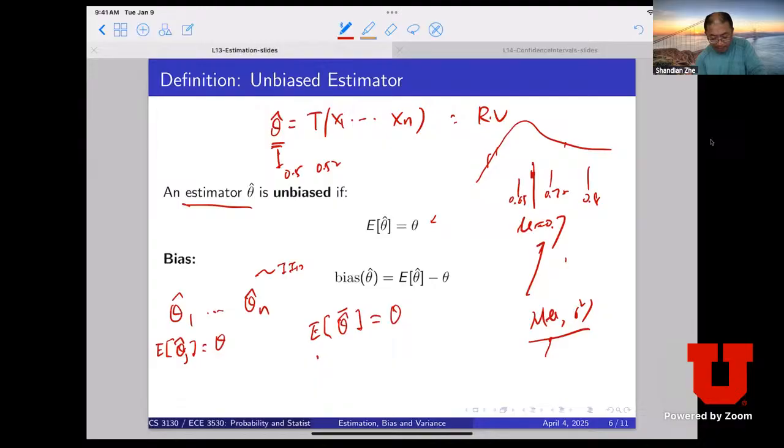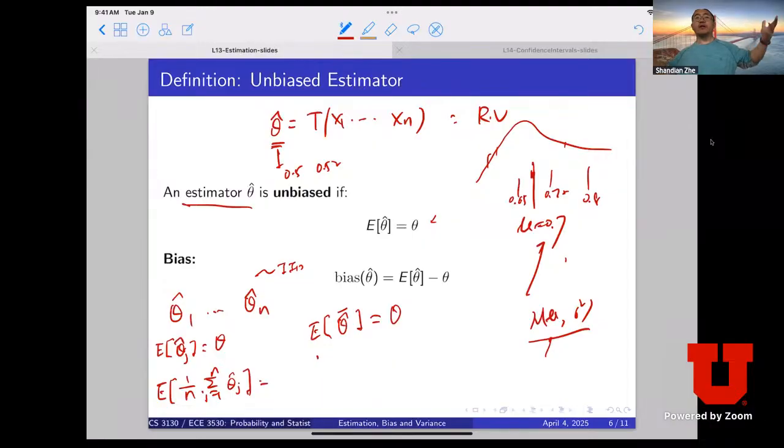Now you take the average of these. Applying the linearity of expectation: linearity means that you take a linear combination of the random variables.